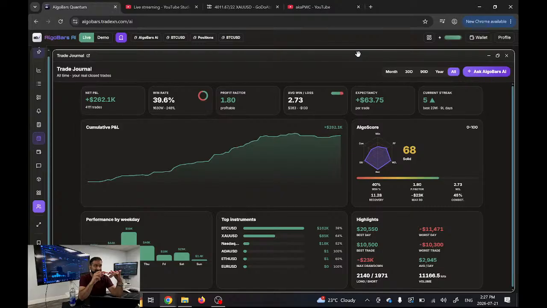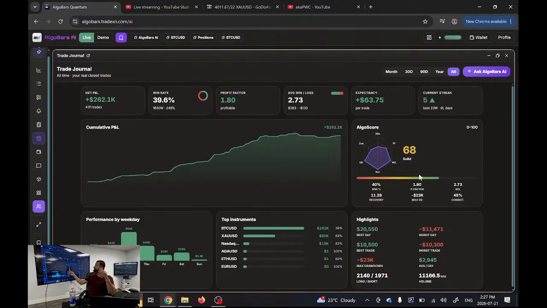Not on AlgoBars, it's free. You have to pay on TradeZella for a trade journal. It's like $100 a month or $200 a month. Crazy. It's free on AlgoBars, okay? So it literally doesn't make sense to trade anywhere other than AlgoBars because all those paid features are free on AlgoBars. Plus, you get the range bars, which is what I use to be able to trade.